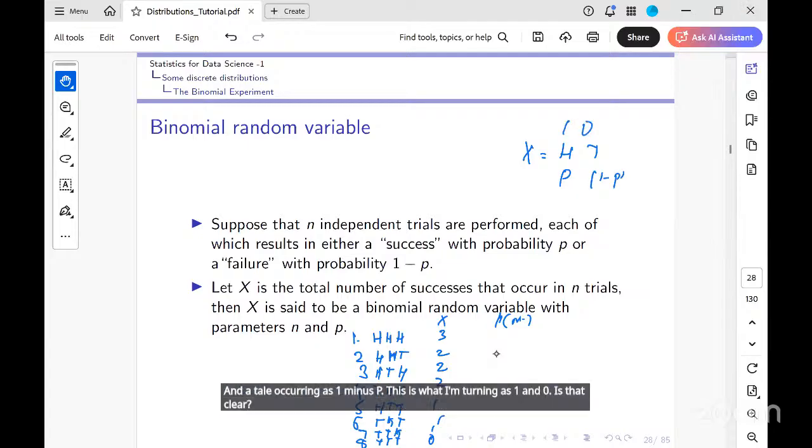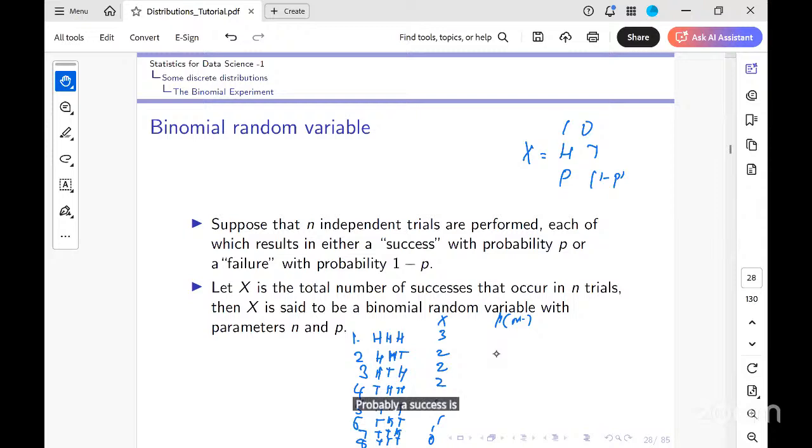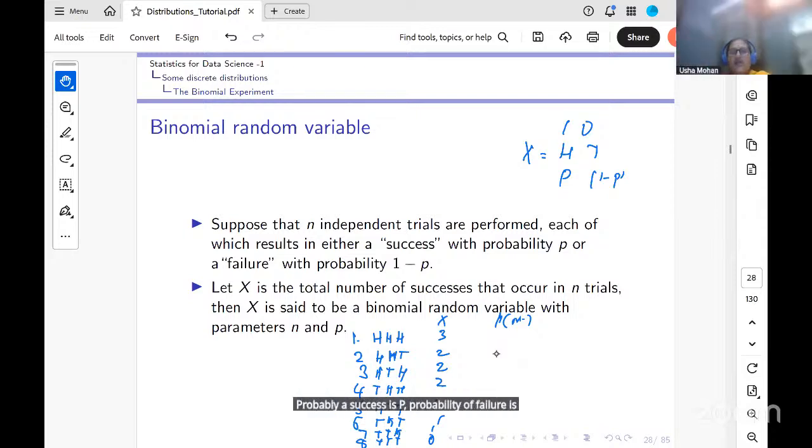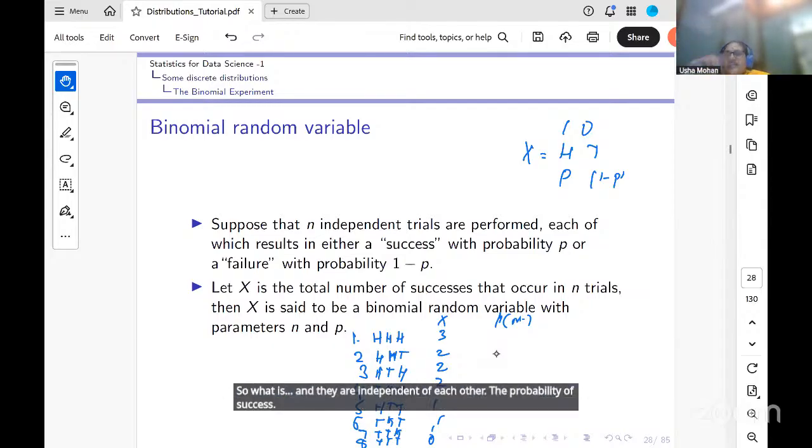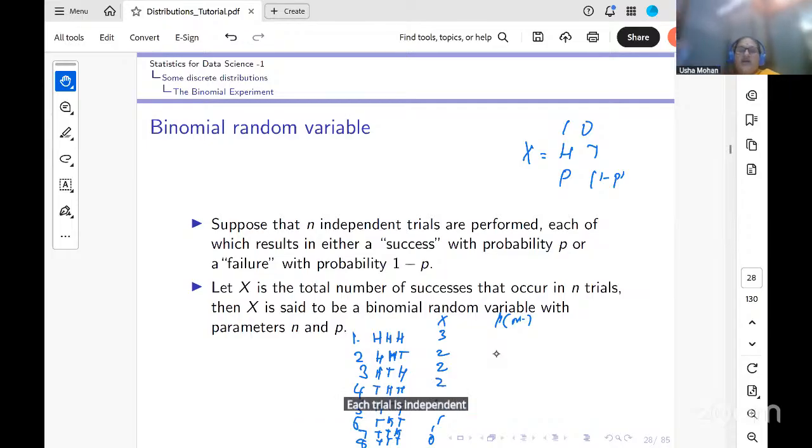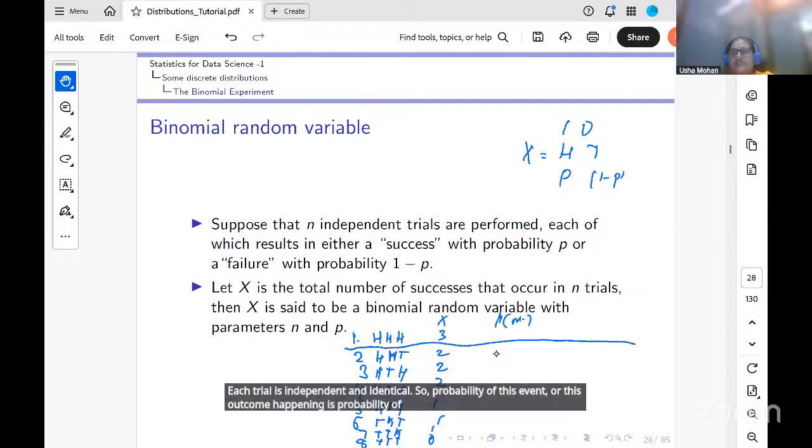Probability of success is P. Probability of failure is 1 minus P. And they are independent of each other. Each trial is independent and identical. So the probability of this outcome happening is the probability of head in the first toss and the second and the third.